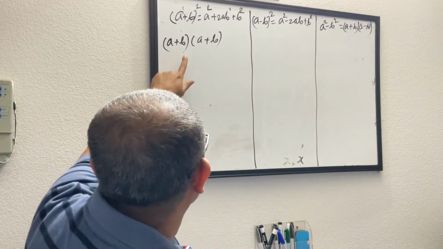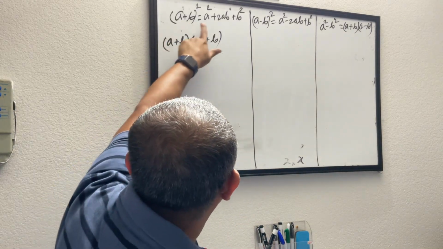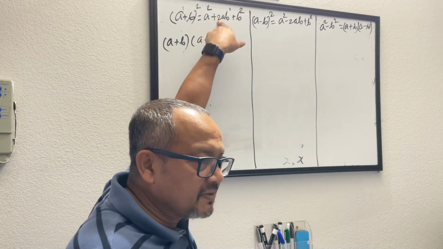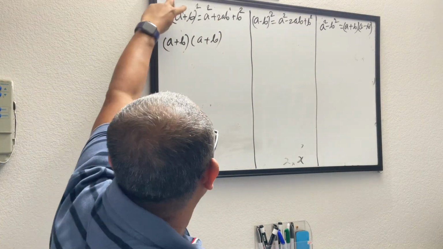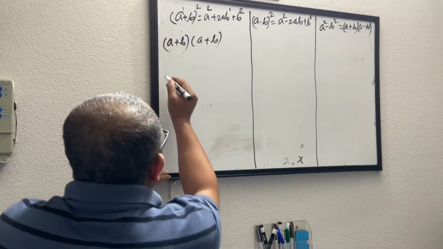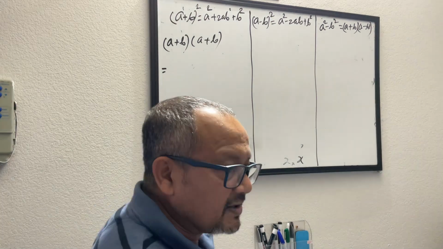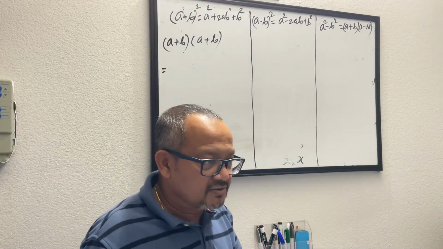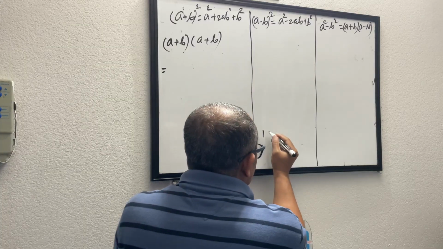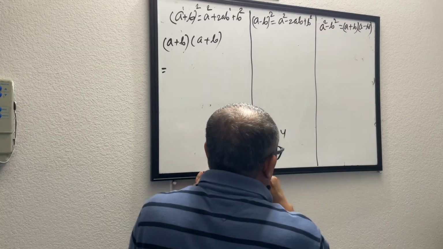So now we are trying to find out whether whatever I have written above is holding water or not. So let's find it out. A plus b whole square is nothing but a plus b times a plus b. When you are multiplying polynomials, it uses the same concept as 10 into 4.